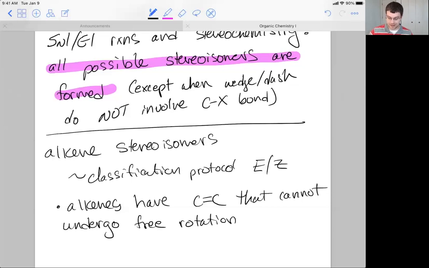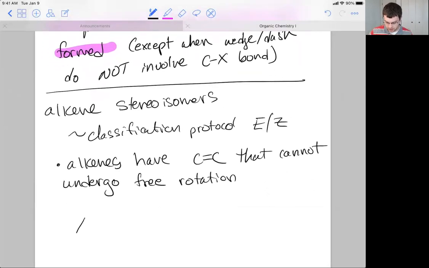As a result, if we compare this molecule versus this molecule, these two molecules have the same connectivity and the same number of each element.